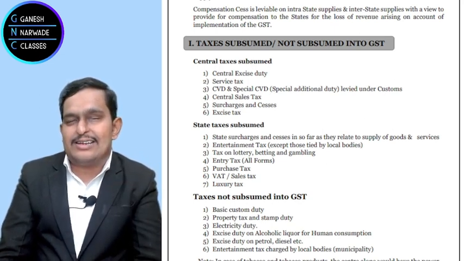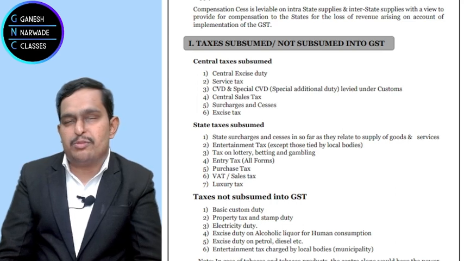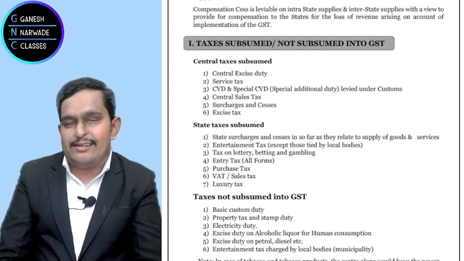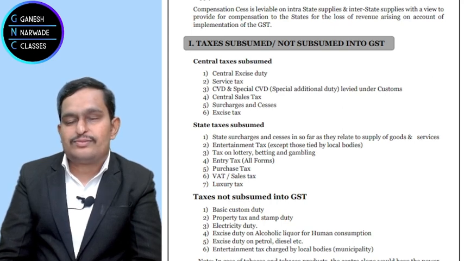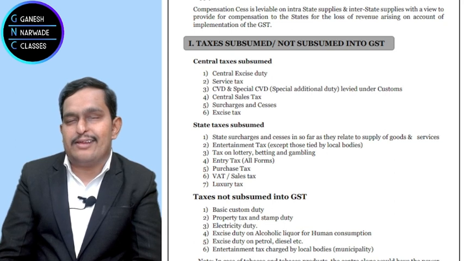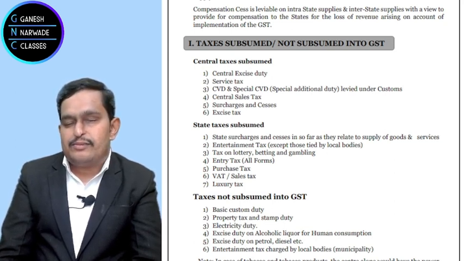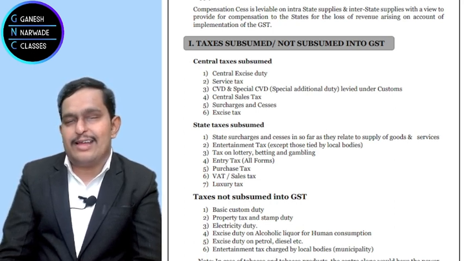That is also subsumed. Subsumed means presently deleted. GST is there, so these taxes will not be there. What are they? Central excise duty, additional duties of customs like CVD, special countervailing duty, service tax, central sales tax. Are you able to connect?